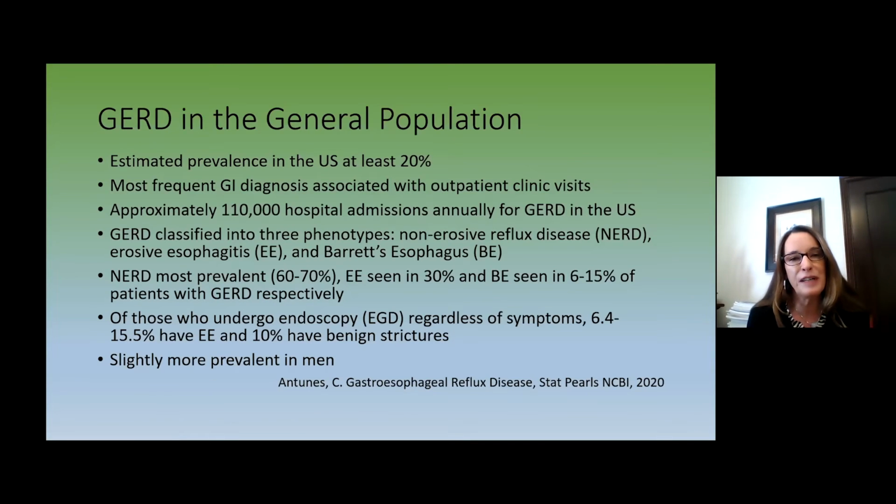And GERD is classified into 3 phenotypes: non-erosive reflux, erosive esophagitis, and Barrett's esophagus, with non-erosive disease being the most prevalent. And it's important to remember that it's associated with troublesome reflux symptoms, but in the absence of any kind of esophageal mucosal erosion on endoscopy, in contrast to patients with EE or Barrett's, who have clear mucosal injury. Okay, next slide.